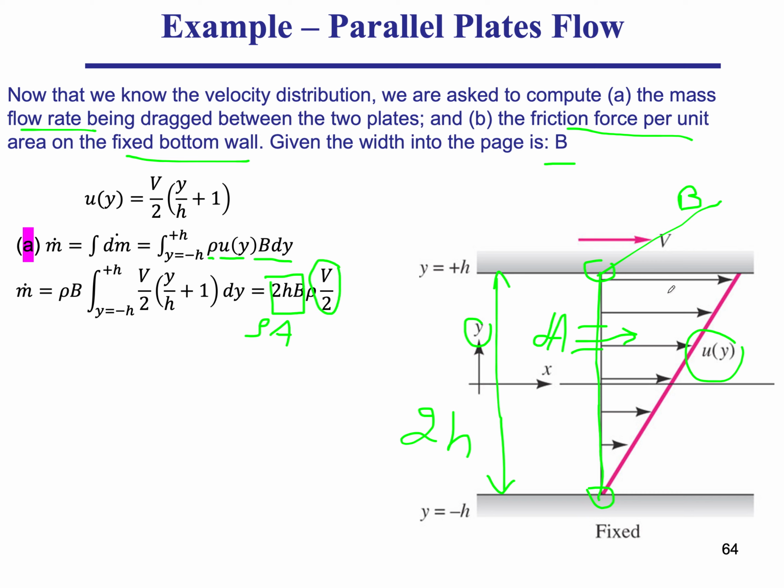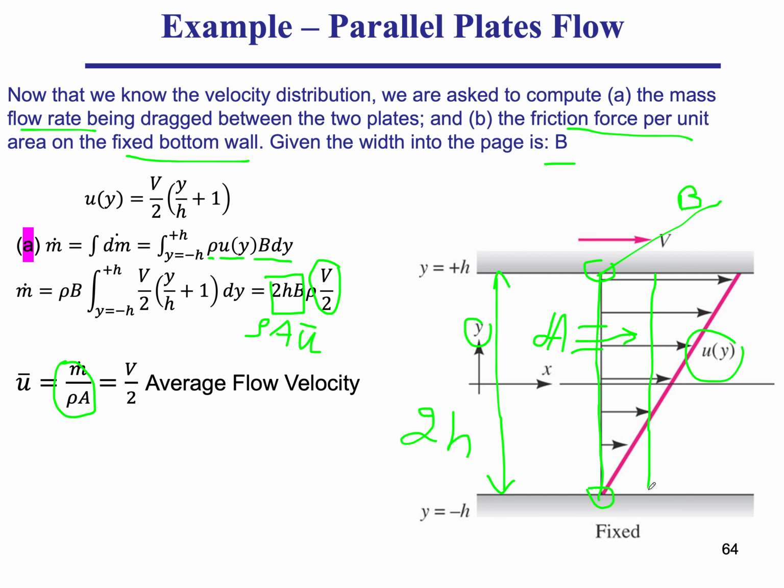You have u is 0 at one wall, and u is capital V at the other. So I have a line, so V over 2 is actually the average velocity over the whole line, the u average. That's how we define the average velocity: we find the mass flow rate and divide it by rho A. That gives me the average velocity over this whole section.